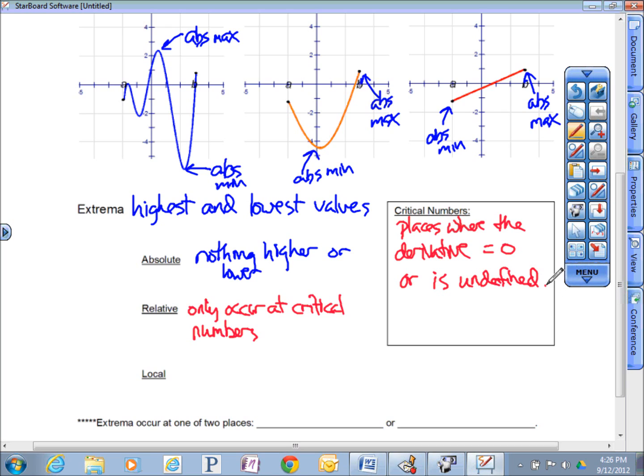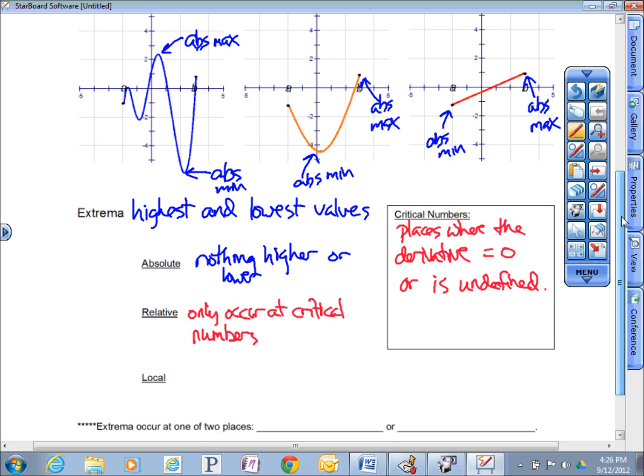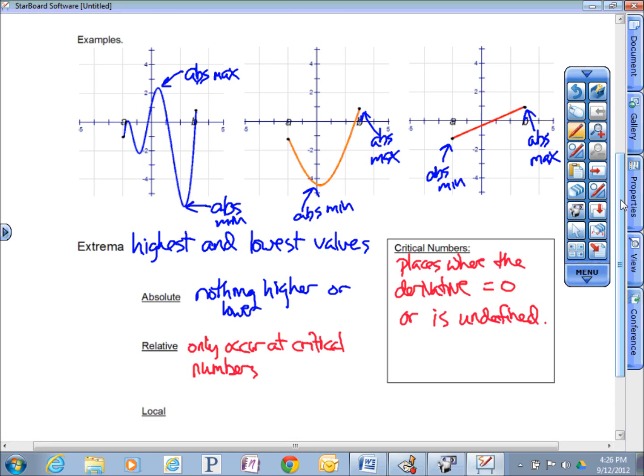So when you look at this, well, we've spent a lot of time talking about things like horizontal tangents. Well, how many horizontal tangents would this blue graph have? Well, this would be a horizontal tangent.